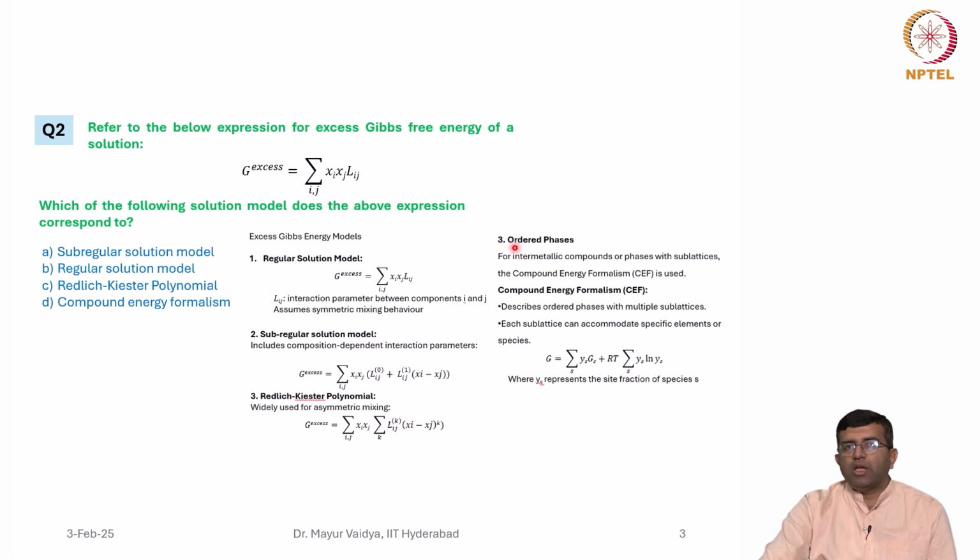Then if there are ordered phases, the compound energy formalism is what is used, which describes the ordered phases with multiple sublattices, and each sublattice can accommodate specific elements or species. So in the question we were given the excess Gibbs free energy modeled with this function, which corresponds to a regular solution model.